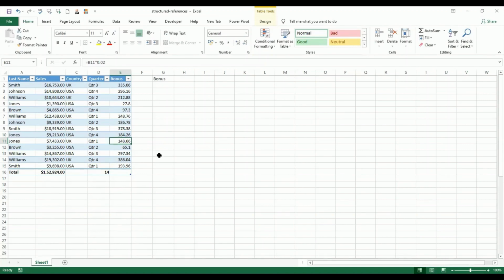This is not possible if you don't have a table. That is why data being converted to table becomes again very important in case you are looking at applying formulas in your data. It makes it very easy and convenient to work with.